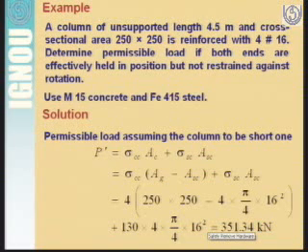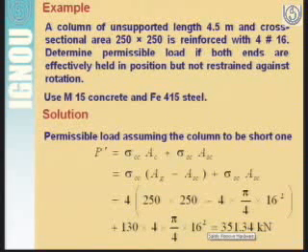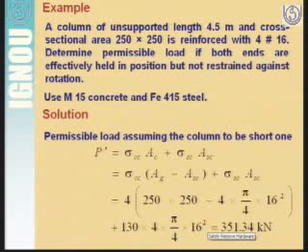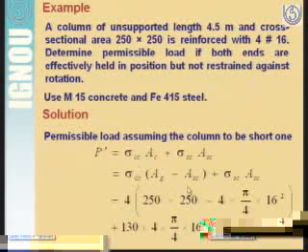First we will start with this load. Permissible load can be calculated as sigma Cc into Ac plus sigma Sc into Asc. That is the formula I told you. Now for calculating the area of concrete, in place of Ac we can put Ag minus Asc.